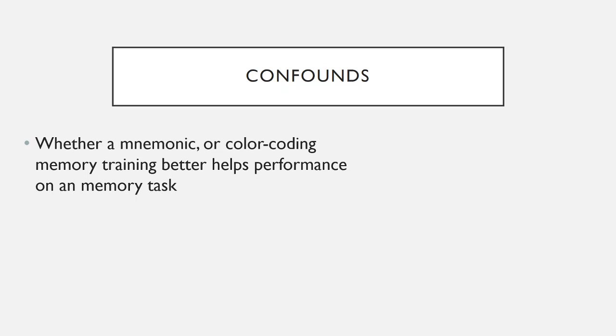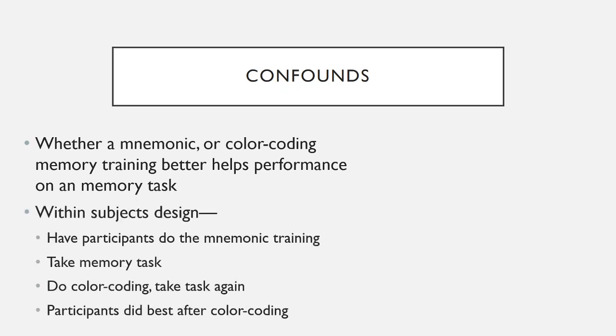So then lastly, let's say I'm doing a cognitive research study where I want to know whether mnemonics, like using letter cues to try and remember things, or a color coding memory training task improve performance on memory. Let's say I decide to institute a within subjects design because I know those are very common in cognitive research.